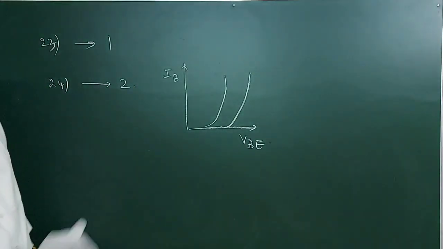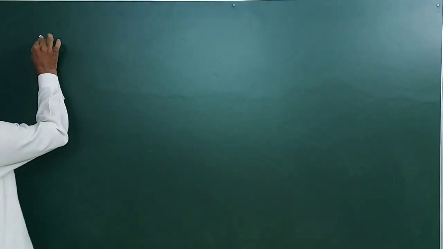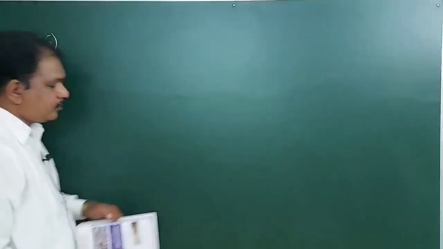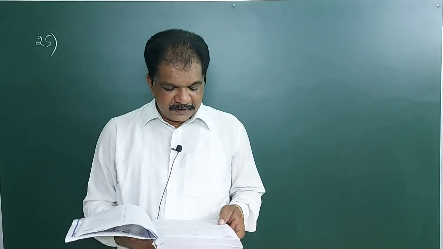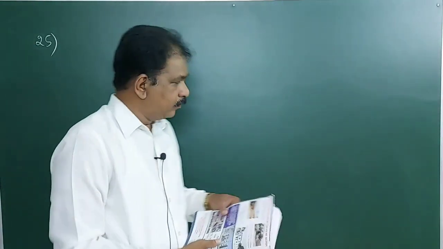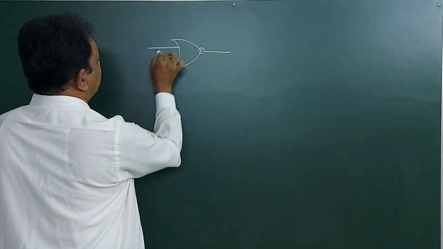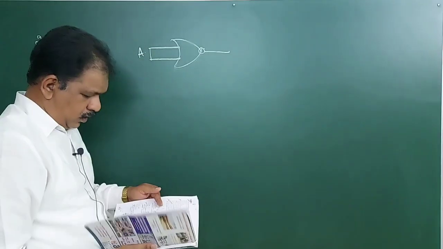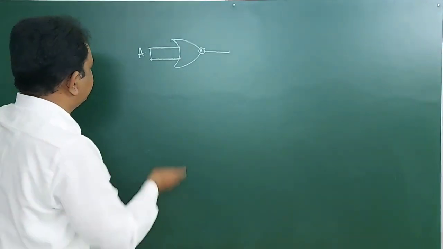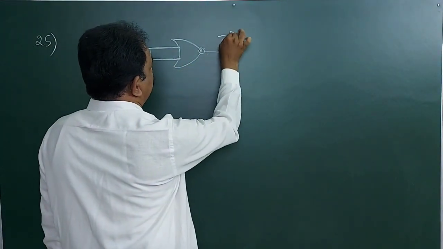Next, 25. What are they asking, see. Just like the 16th question, this is also one NOR gate. So how much will we get here? It will be A bar.